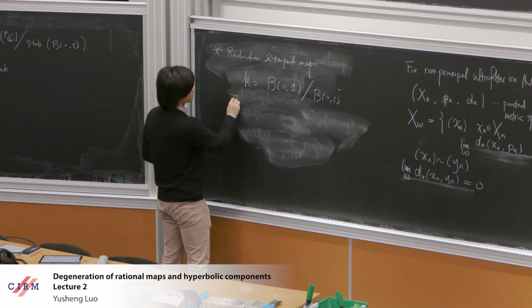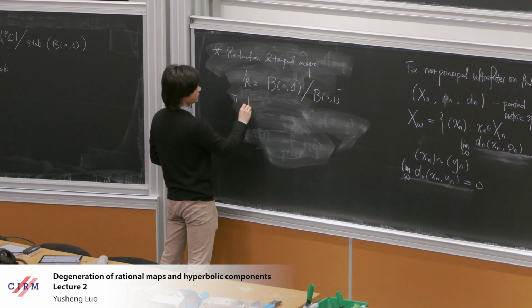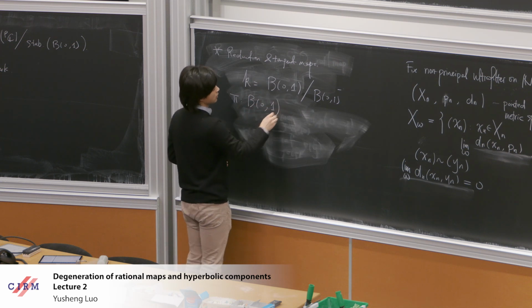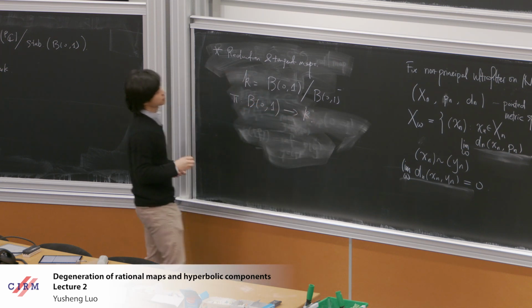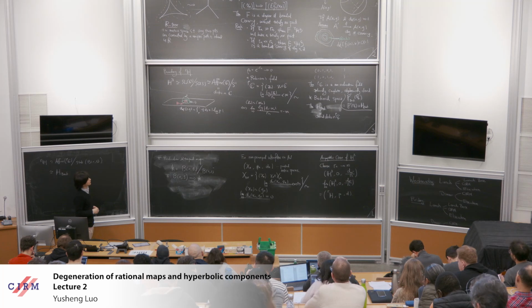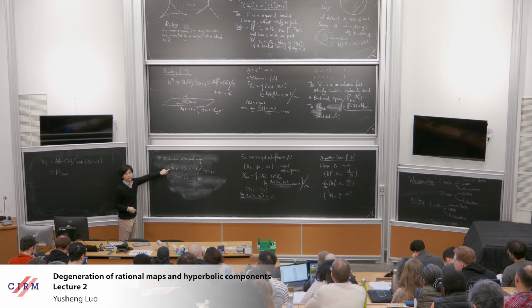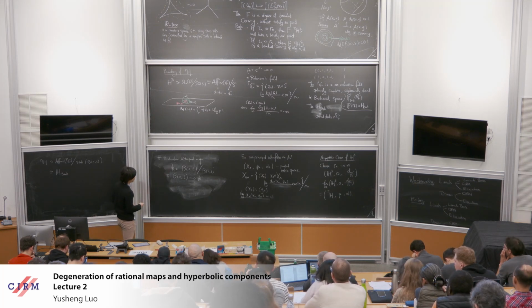Let's denote by pi the projection map from the closed ball to K. And in our setting, the residue field is still huge.